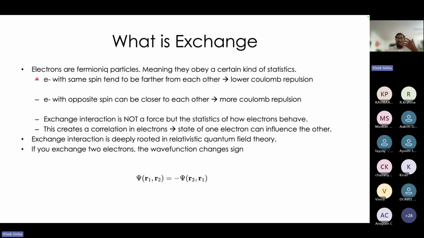What it also says is that if you exchange two electrons, the wave function changes sign, which you can show is consistent with Pauli's exclusion principle. So this essentially introduces a correlation between electrons, because if electrons both have up spin, there is lower Coulomb interaction.